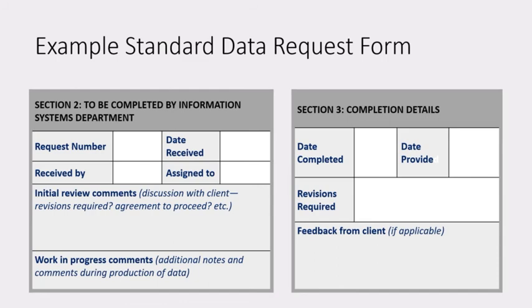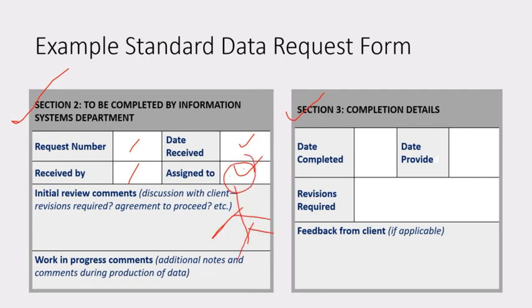This is another form to be completed by the information systems management, with completion details. This is the request number, received by, date of receipt, assigned to, meaning the person who will be working on the data that you have requested.